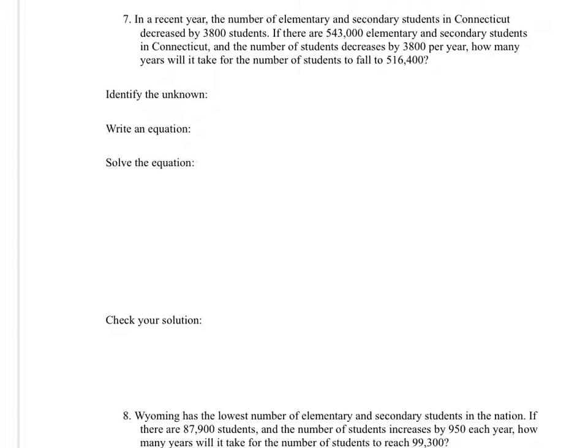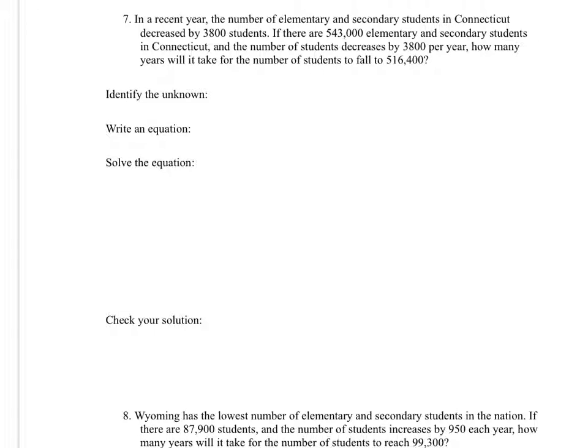If there are 543,000 elementary and secondary students in Connecticut, and the number of students decreases by 3,800 per year, how many years will it take for the number of students to fall to 516,400?